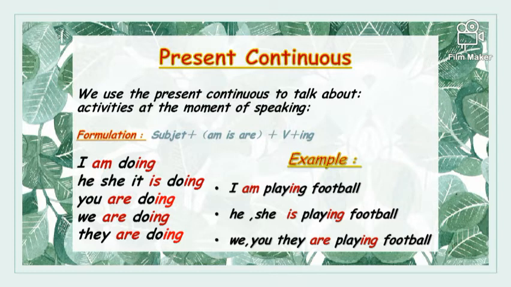I'm doing, he, she is doing, you, we, they are doing. For example, I'm playing football, he is playing football, she is playing football, we are playing football, you are playing football, they are playing football.